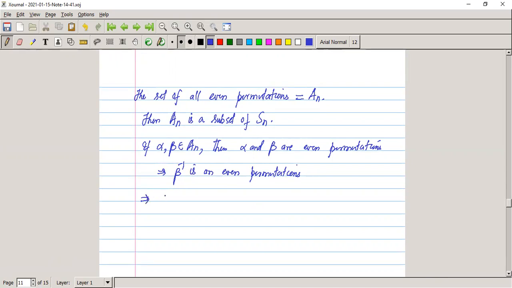Then this clearly implies alpha beta inverse is an even permutation. So what does this imply? This implies that An is not just a subset of Sn, but An is a subgroup of Sn.